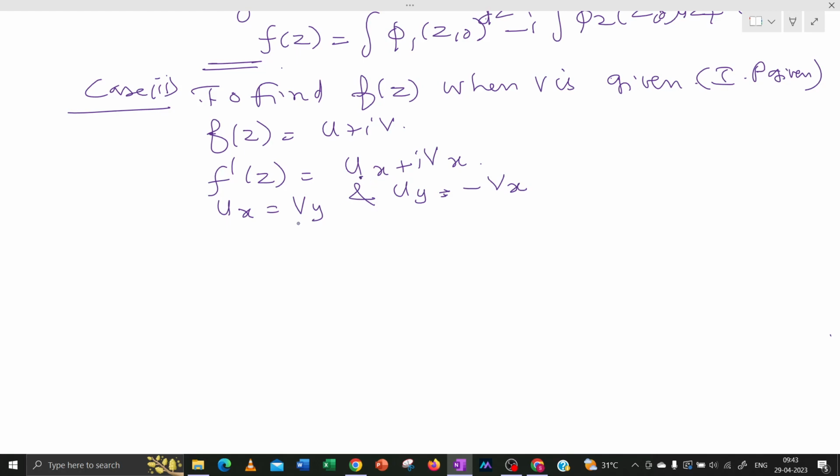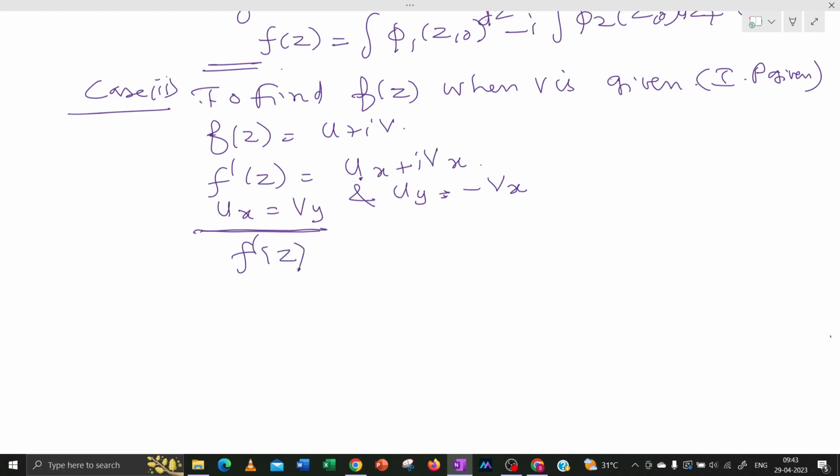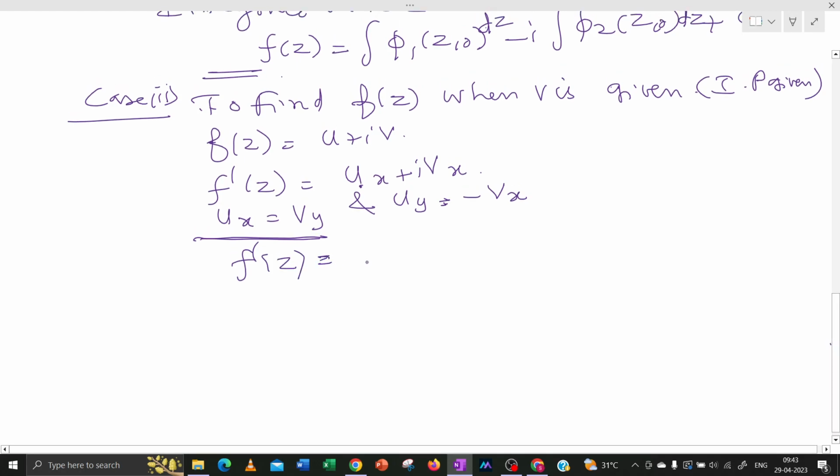How can you convert? That means ux equal to vy, the first one. So substituting ux equal to vy here, we will get f dash of z equal to vy plus ivx.